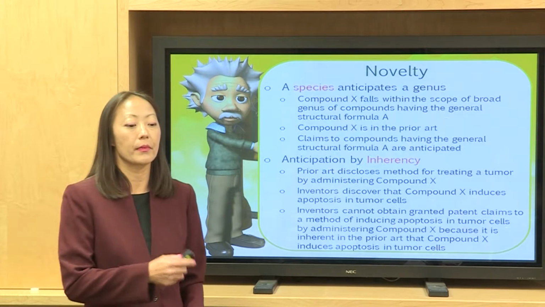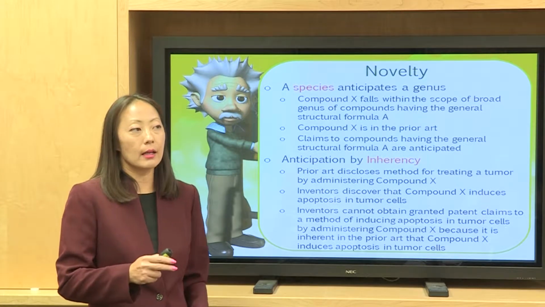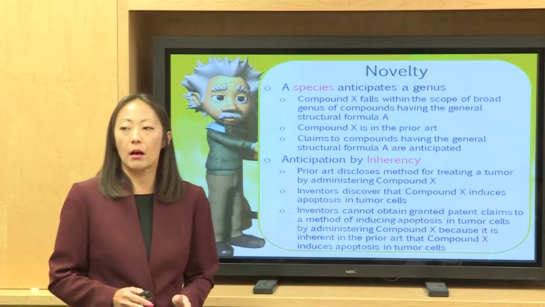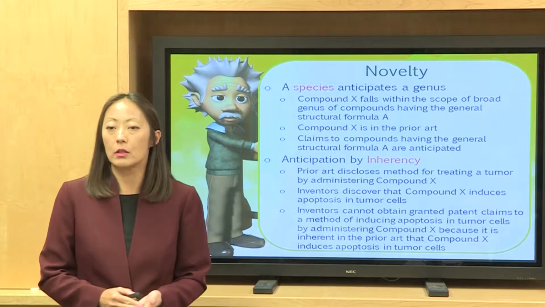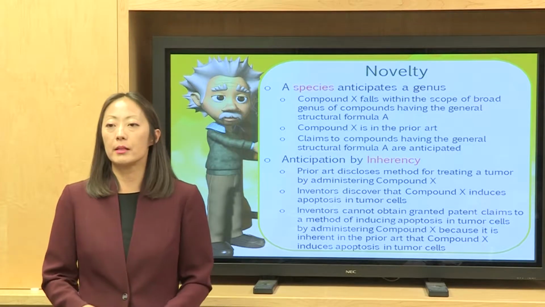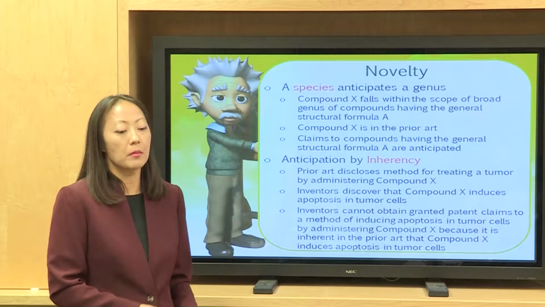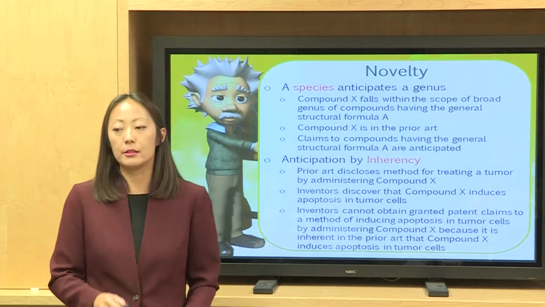And one of the two interesting aspects of novelty that we run into with investigators is that a species anticipates a genus. A genus does not anticipate a species, but a species anticipates a genus.